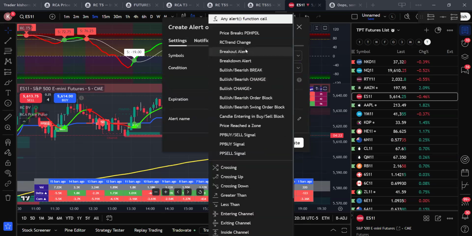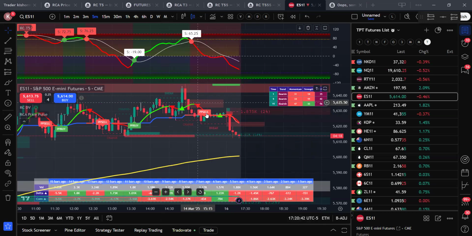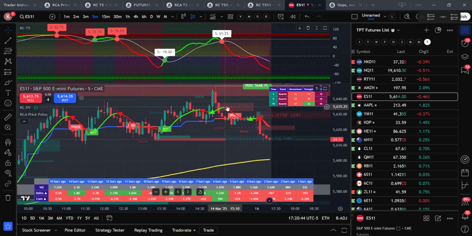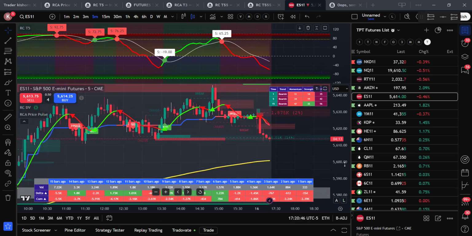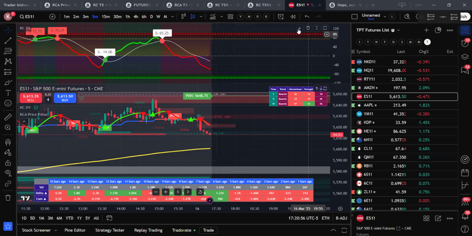Price Pulse breakdown alert, create. That will give you nice profits. Whenever you get the notification, go to the chart and see whether it is dropping or going up. If you take a trade then, that can make huge profits.